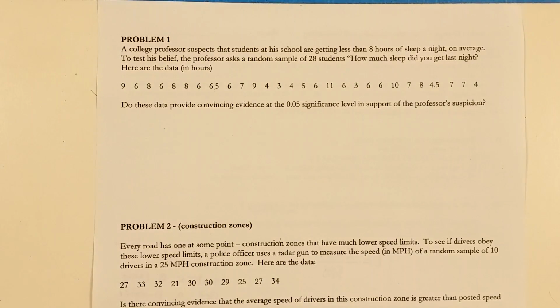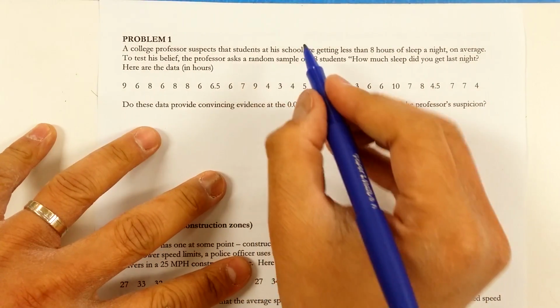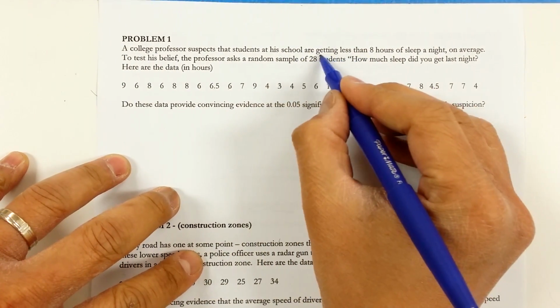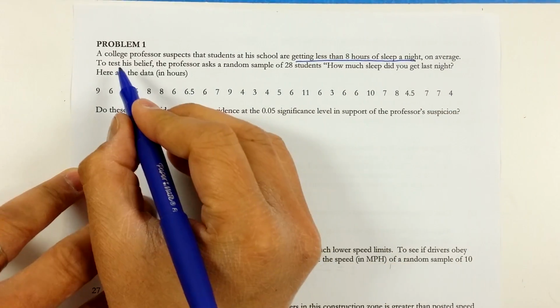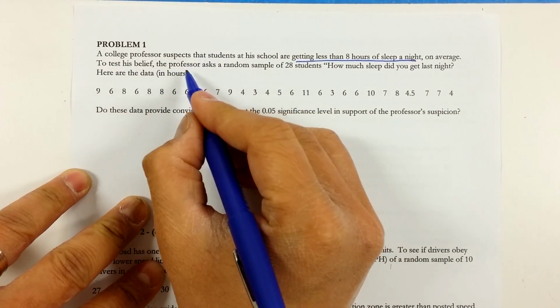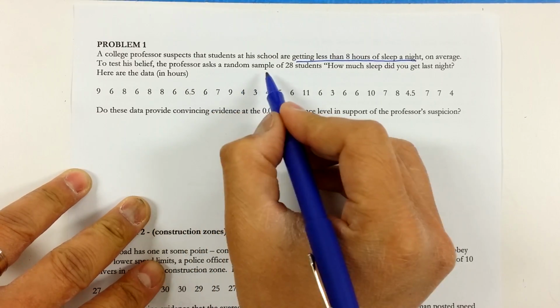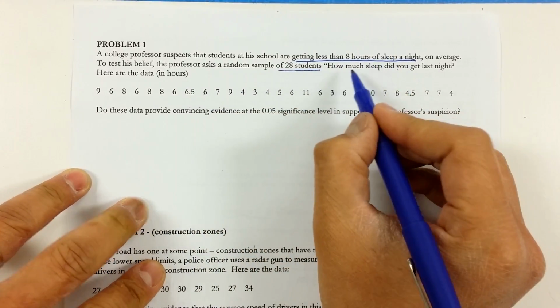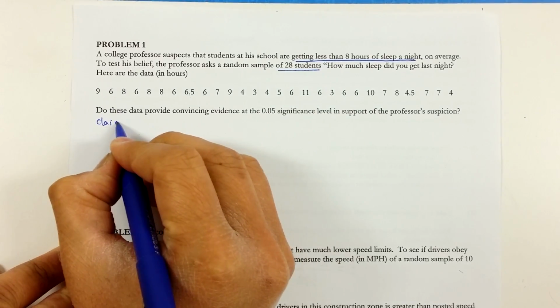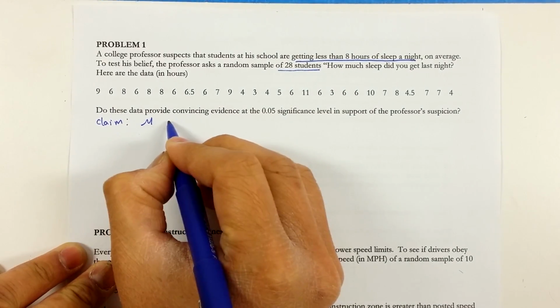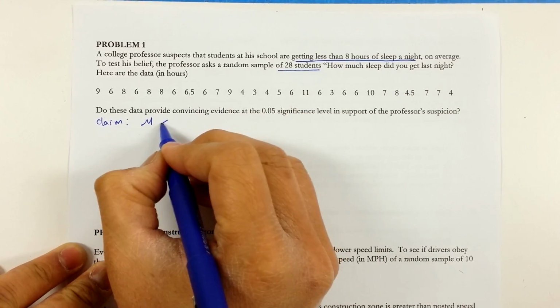Say that a college professor suspects that students at his school are getting less than 8 hours of sleep per night on average. To test his belief, the professor asked a random sample of 28 students, and here are the data. So the claim is that the average amount of sleep is less than 8.